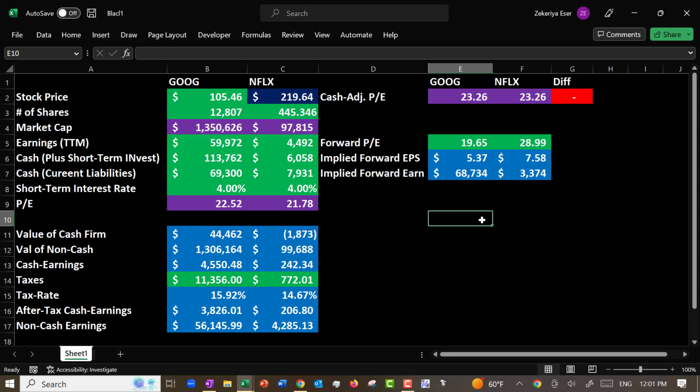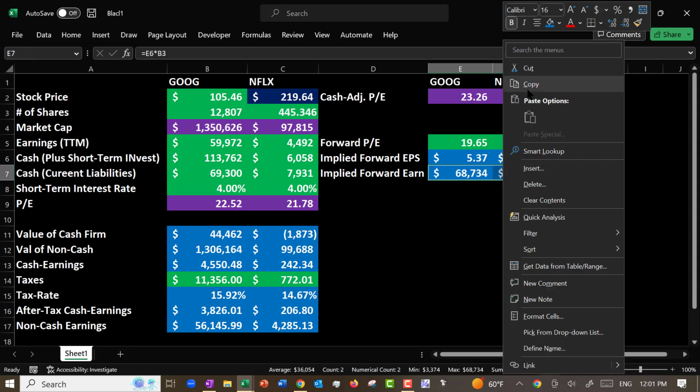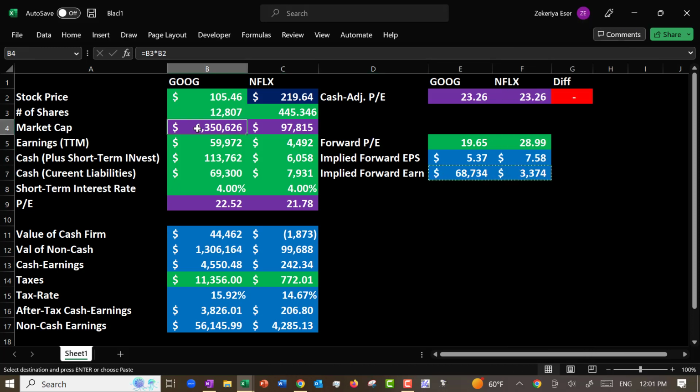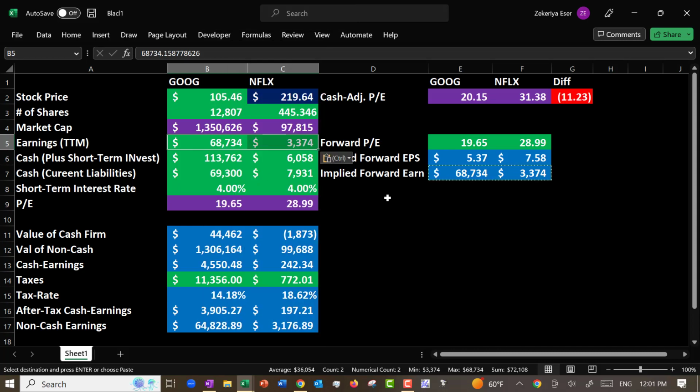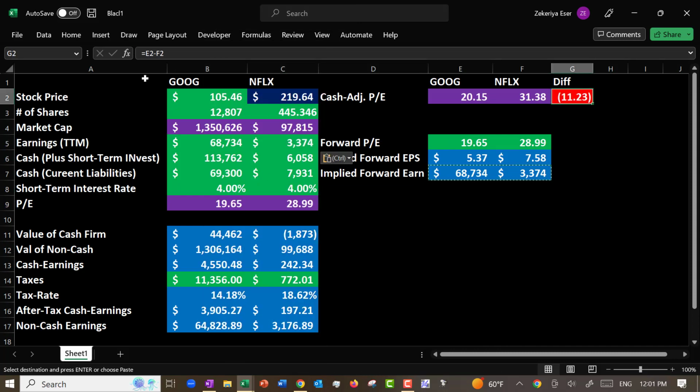So if you want to repeat this exercise using forward PE, just take these implied earnings, replace it with them, and repeat the exercise.